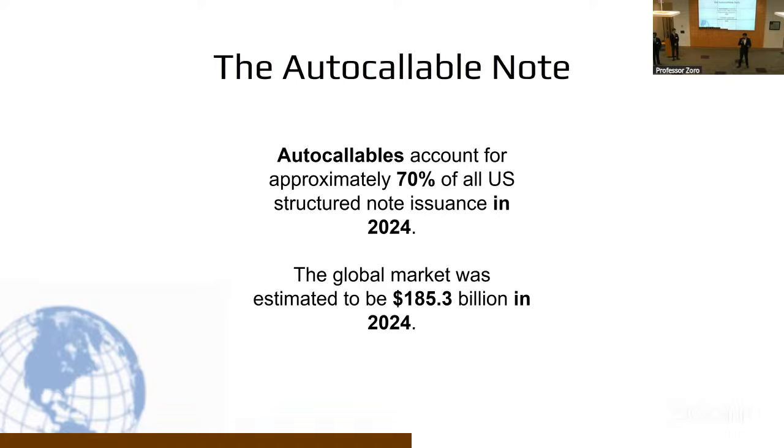Now, moving on to auto-callables, which are going to be the focus of our presentation and our mathematics and methodology. They are, to put it simply, a big fish in a big pond. The market for structured products is large, and they make up 70% of that market. In 2024, they were 70% of structured product issuances, so they also have an extremely large market cap.